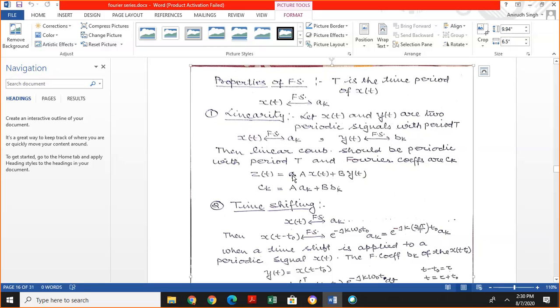If the linear combination of these two periodic signals is z of t, then the Fourier coefficient of z of t is also the same linear combination of these two Fourier coefficients.